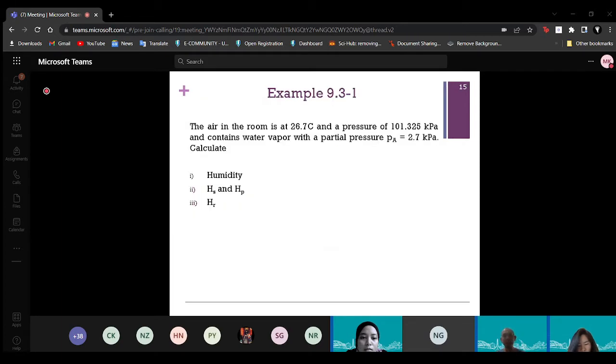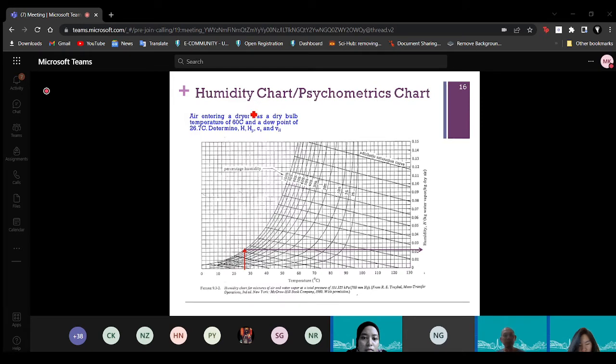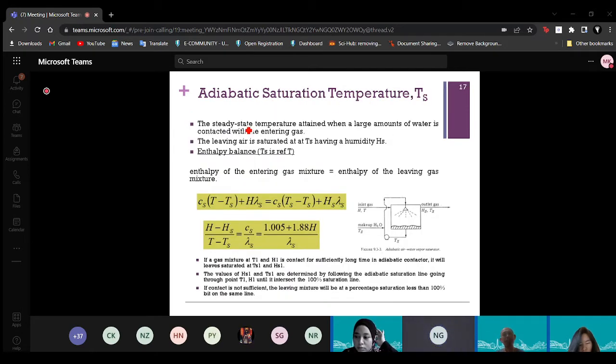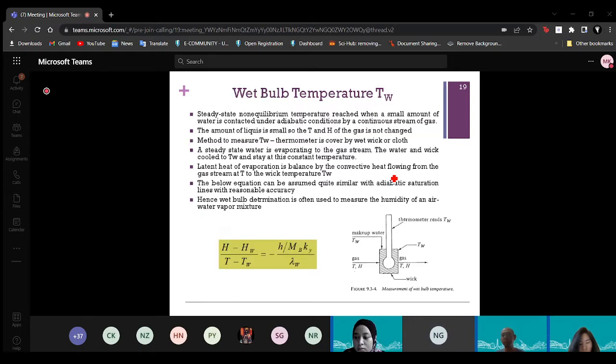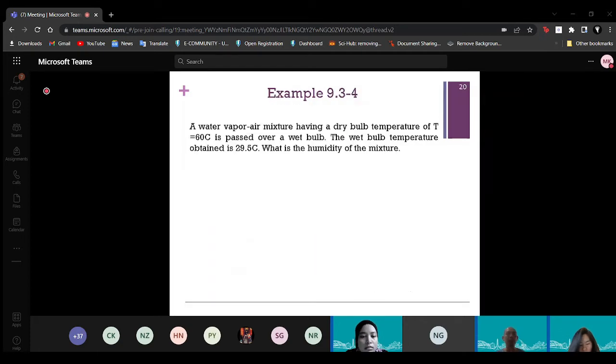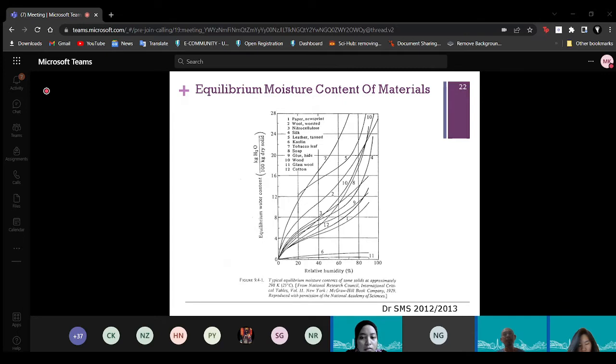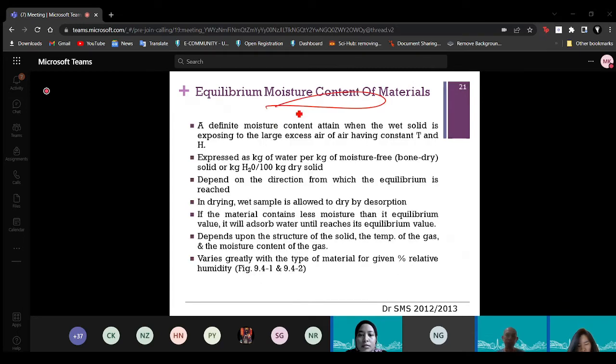This humidity chart also, when you want to use it, I'm going to explain how to use it correctly. Adiabatic saturation temperature is the same. Wet bulb temperature is also the same. When we come across an equation that utilizes these, we're going to go back to them. Equilibrium moisture content is also the same.